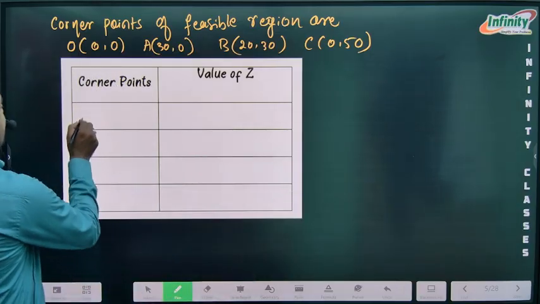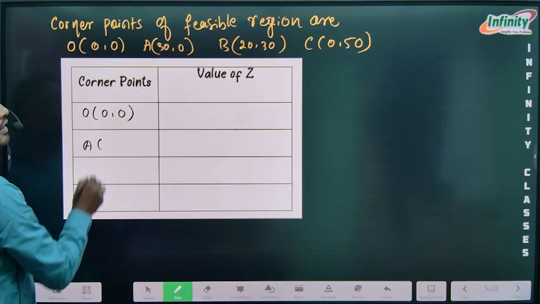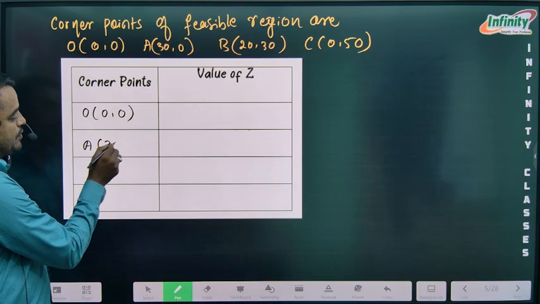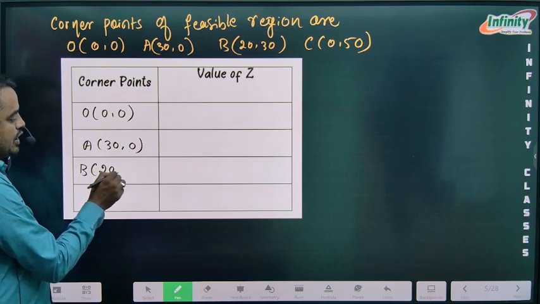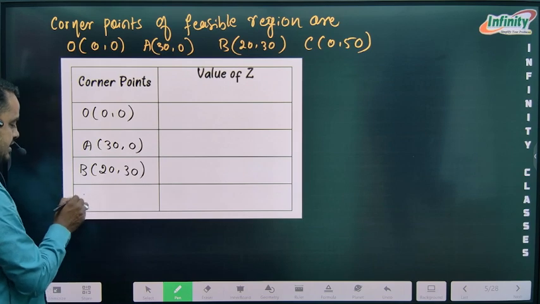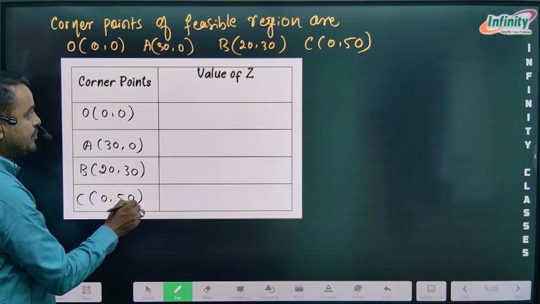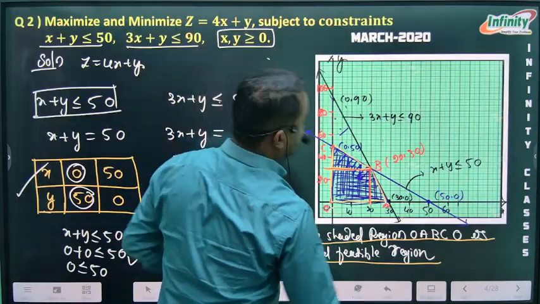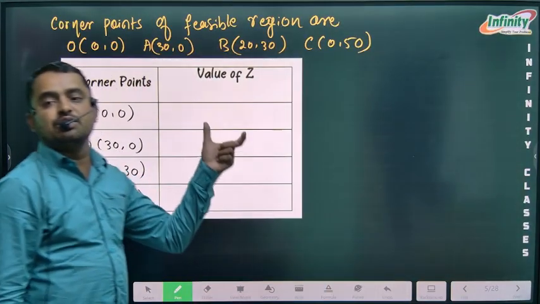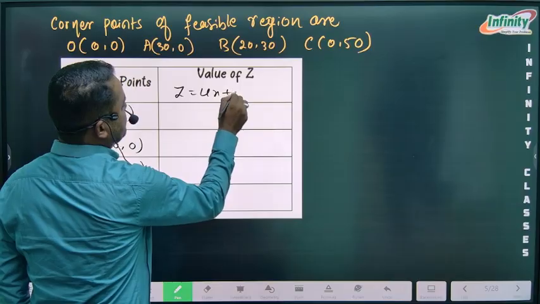First write the corner points O (0, 0), A (30, 0), B (20, 30) and C (0, 50). What is the objective function? Z is equal to 4x plus y.